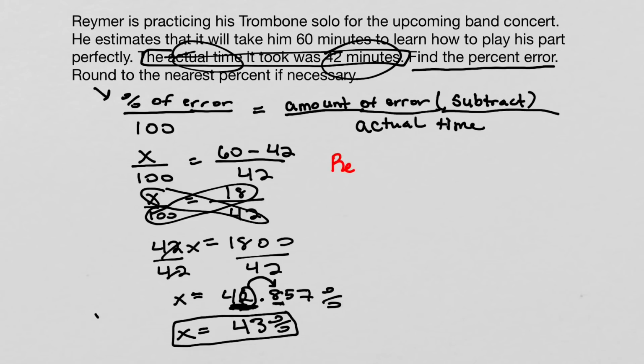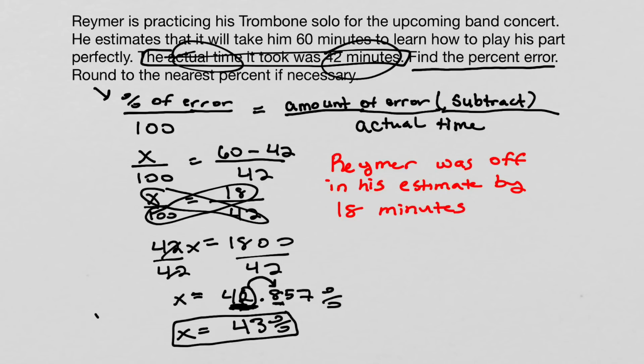Raymer was off in his estimate by 18 minutes, which is 43% of the actual time.